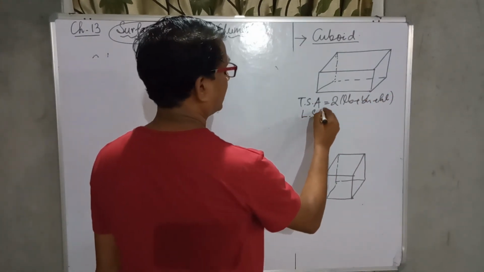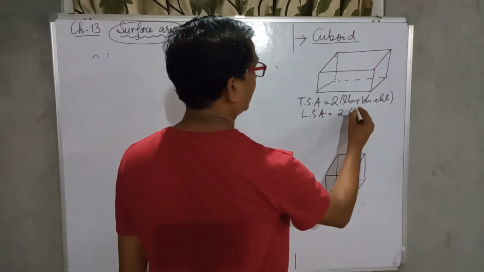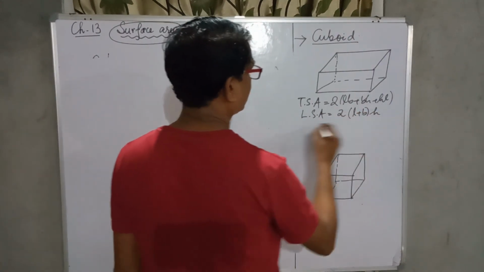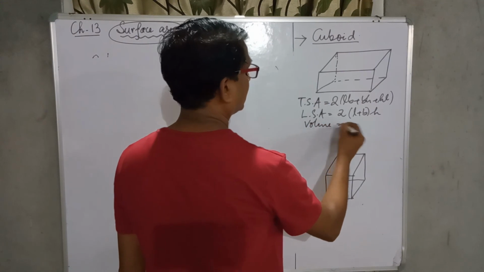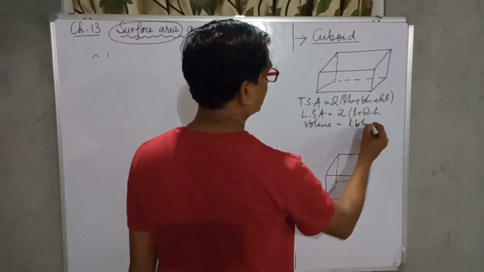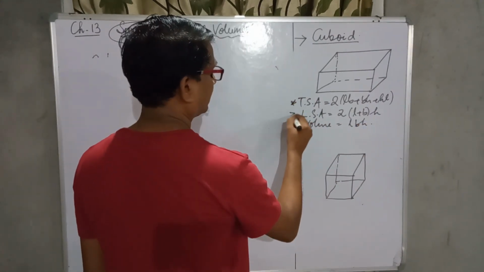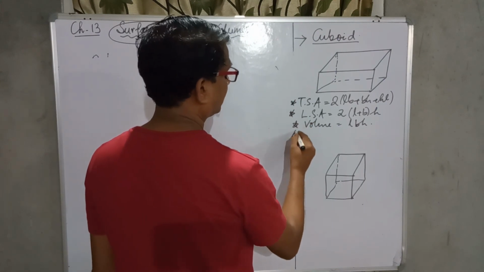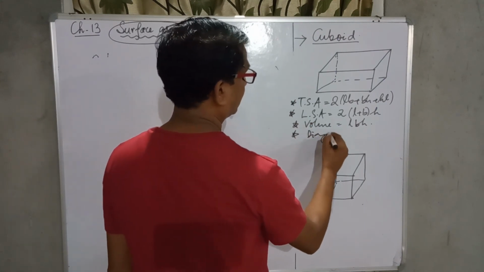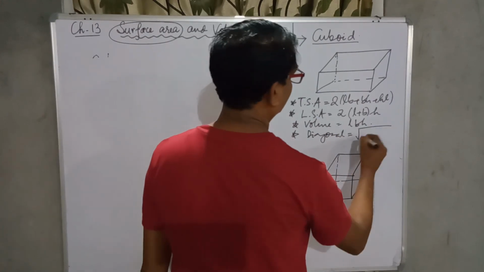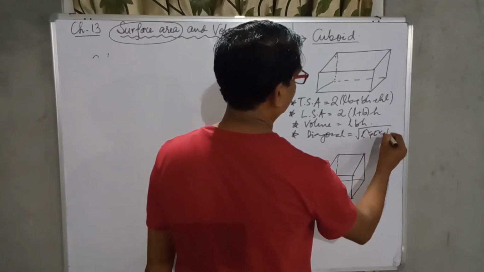Lateral surface area is equal to 2 into (L plus B) into H. Volume is equal to LBH. And diagonal is root over L square plus B square plus H square.